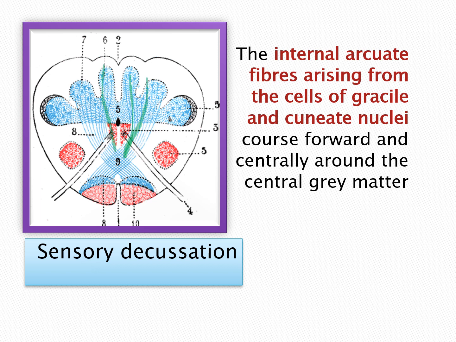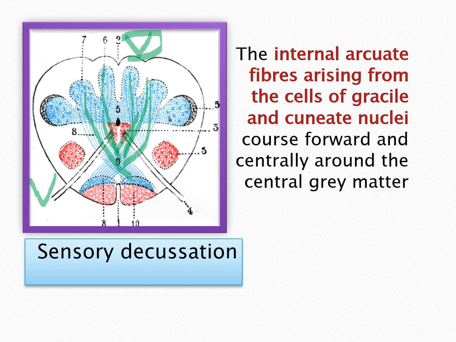The fibers from these nuclei are called the internal arcuate fibers. They course forward. We have learned this is ventral and this is dorsal. So this coursing is forward and centrally around the gray matter.